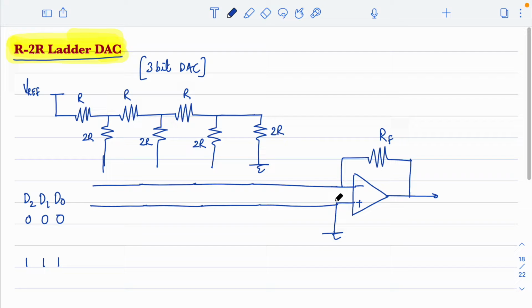Now the connection goes like this. This is how it is connected.